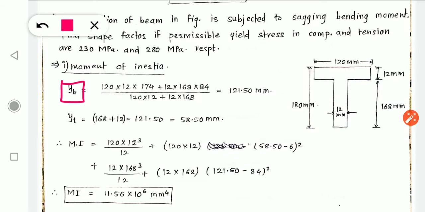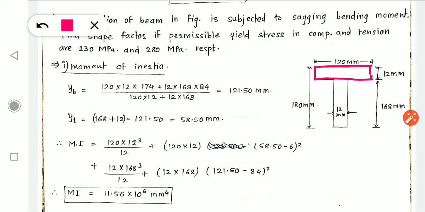CG from the bottom, or the maximum distance of CG from the bottom, which is represented by YB over here. YB equals to what? 120 into 12. We are calculating it from the bottom, therefore this distance, right? We have taken this section for calculation.